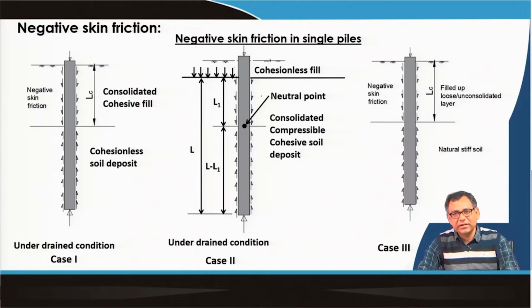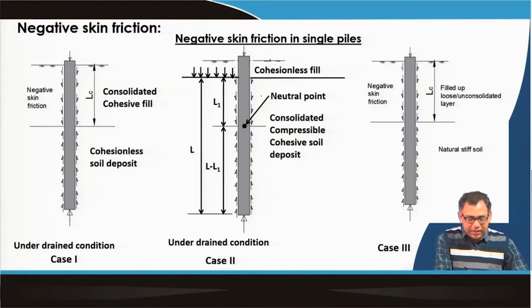That will reduce the friction resistance given by the pile, and the overall load carrying capacity will be reduced due to this negative skin friction. It is called negative because, for compressive loading, the actual friction acts in the upward direction, but for this portion, because the soil movement is more than the pile movement, the friction acts in the opposite direction. That is why it is called negative skin friction.